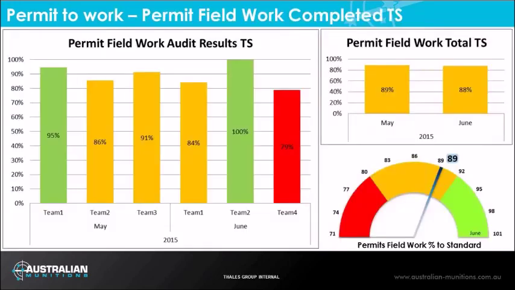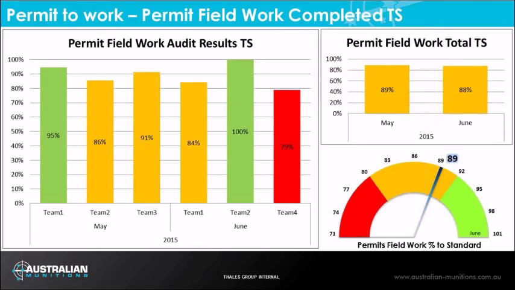The review of non-routine work completed under permit in the field reviews an individual permit against 19 separate assessment criteria adapted from the Health and Safety Executive UK guidance on permit to work system. Each criteria is rated as to standard or not to standard. The assessment of each permit reviewed is rolled up by department and for the whole site for each reporting period.